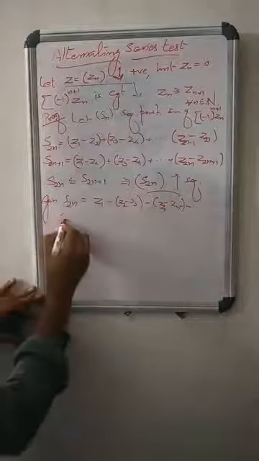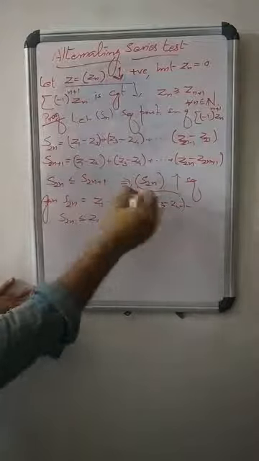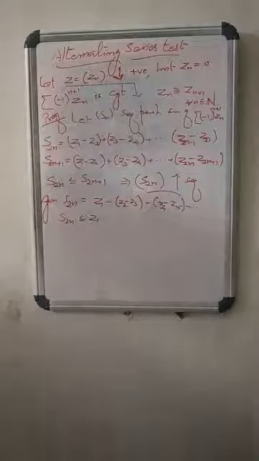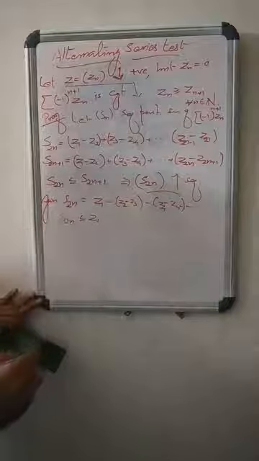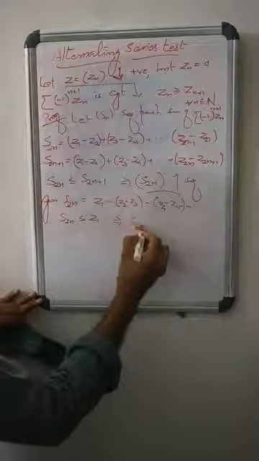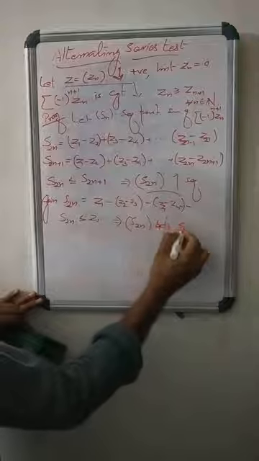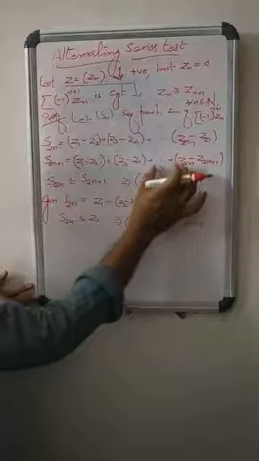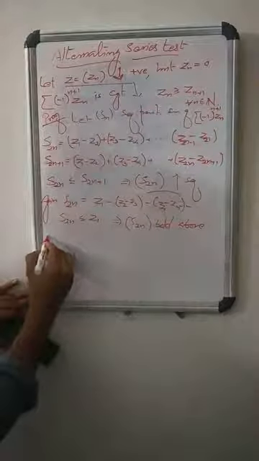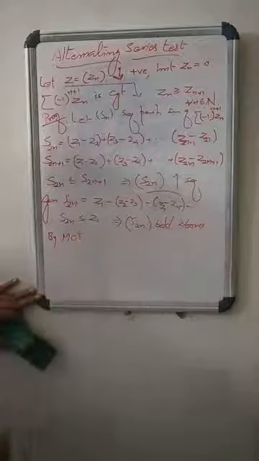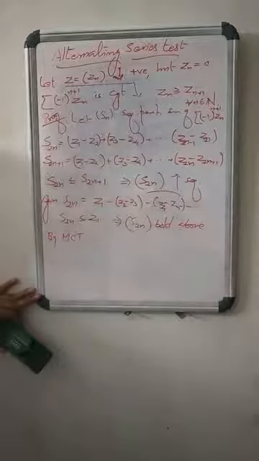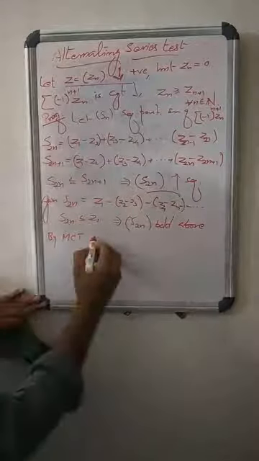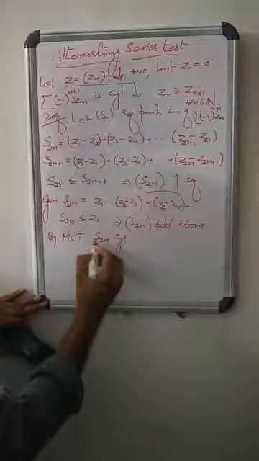Clearly, S2n is less than or equal to z1, since zn is a decreasing sequence of positive reals. That means the sequence S2n is bounded above. So S2n is an increasing sequence which is bounded above, then by the monotone convergence theorem, which says if a sequence is increasing and bounded above, it converges, the sequence S2n converges.